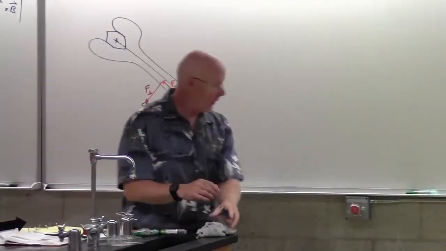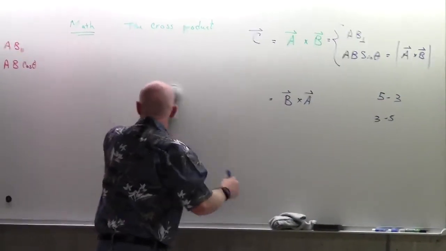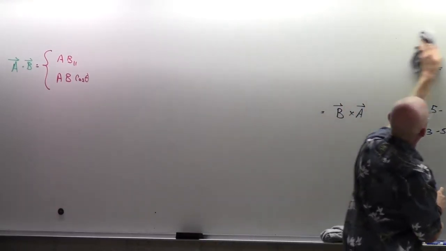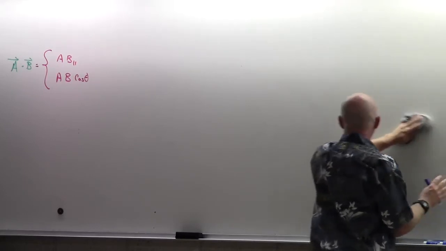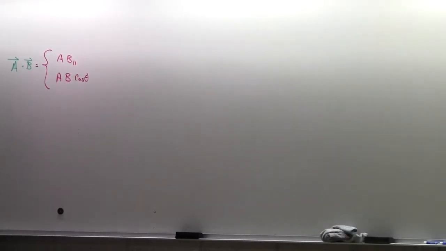Now, I'll keep going here. Why don't we ask maybe the easiest question of all? That is, what would be the angular momentum of a small, single particle object moving in a circle?